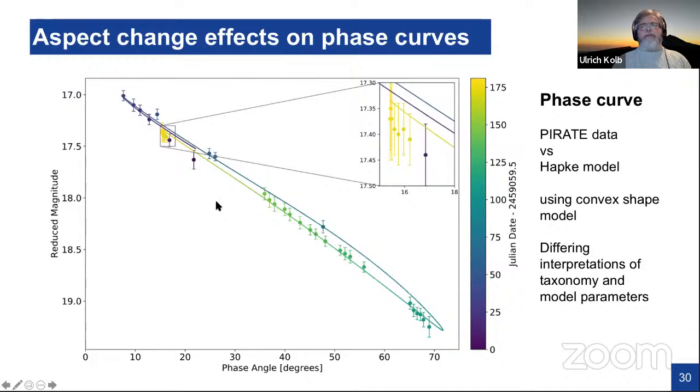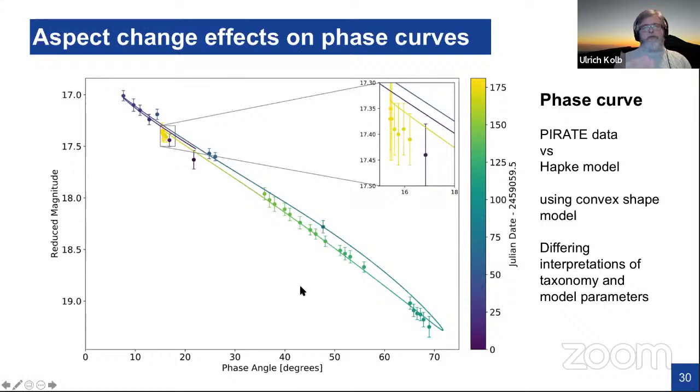And the main lesson and outcome from this is that in order to interpret phase curves, it is important to look at their full time evolution and not to just sum over or average over multiple apparitions or different parts of an apparition where the same phase angle range is being crossed.